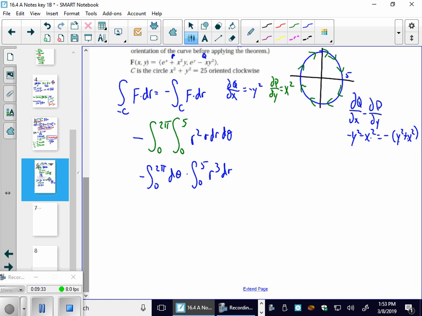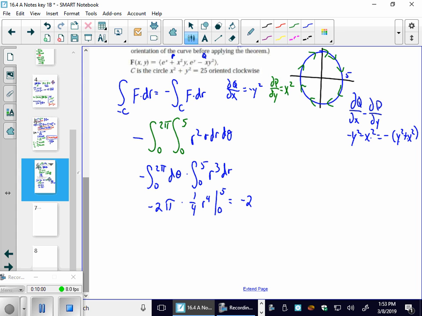So the 0 to 2 pi part is going to give me negative 2 pi, and this is going to give me 1/4 r to the 4th from 0 to 5.